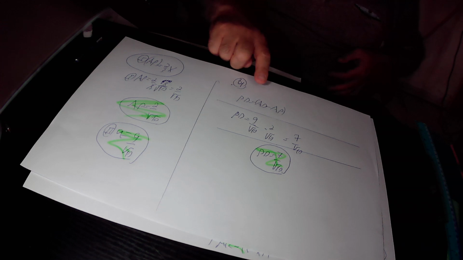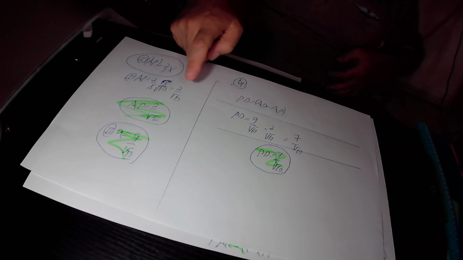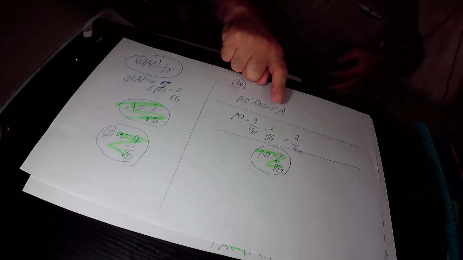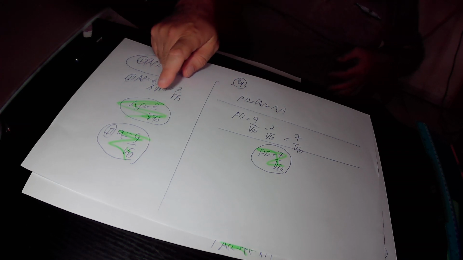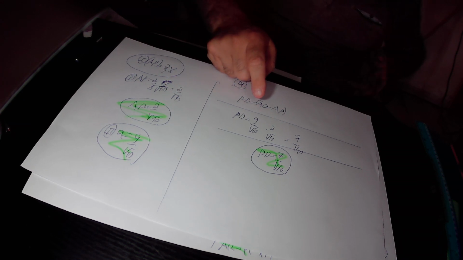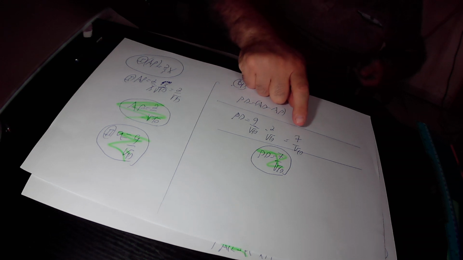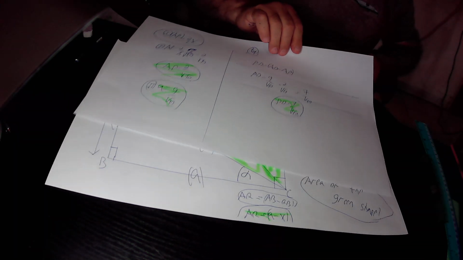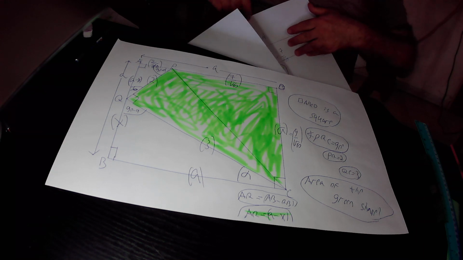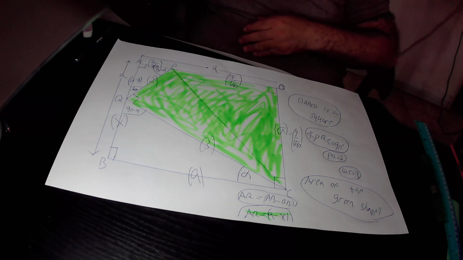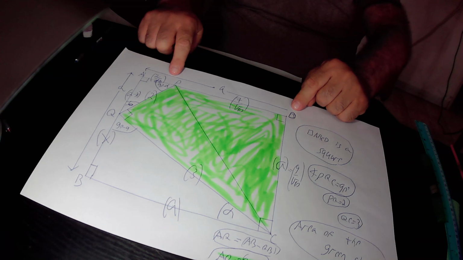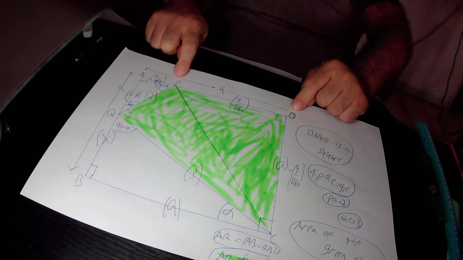So PD equals AD, that is a, and a equals 9 over square root of 10, minus AP. AP is 2 over square root of 10. So in total, PD equals 9 over square root of 10 minus 2 over square root of 10, that is 7 over square root of 10 units. So we found that PD equals 7 over square root of 10 units in length.